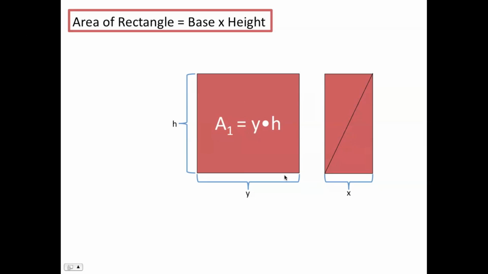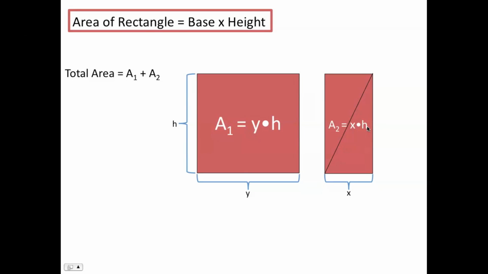So that means that according to our formula, area of the rectangle equals base times height, we have the area of the first rectangle being the base, which is y, times the height, which is h. And the area of the second rectangle being x, which is the base, times, again, h, which is the height.